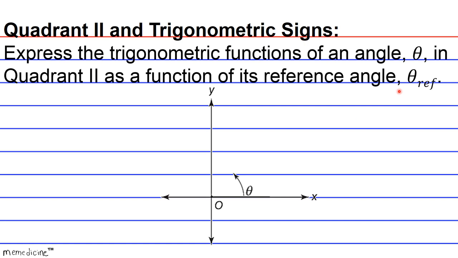And before expressing the trigonometric functions in quadrant 2, we need to understand the concept of standard position, and doing this will simplify finding all the trigonometric values and their associated signs, okay?